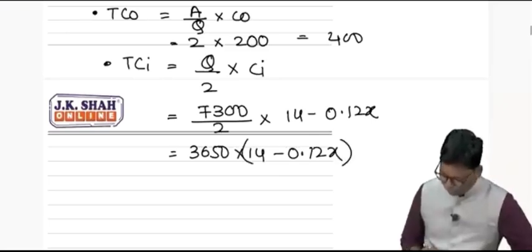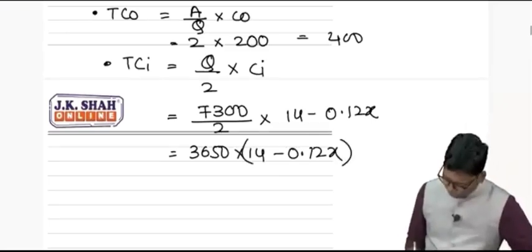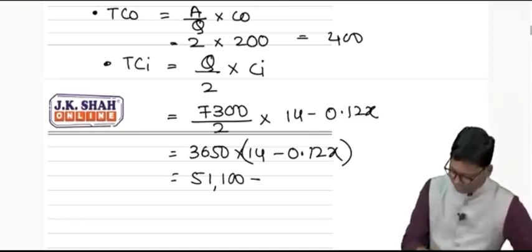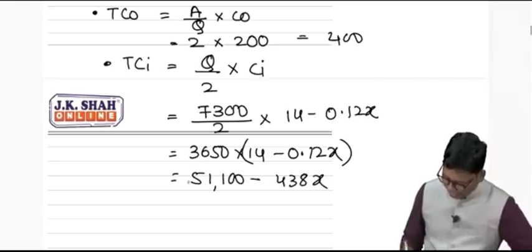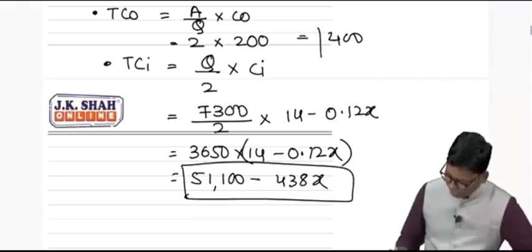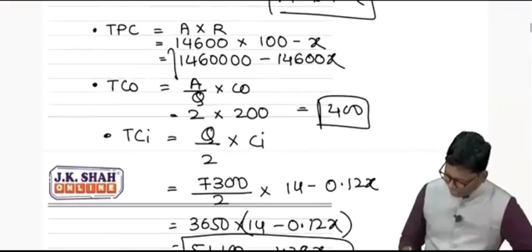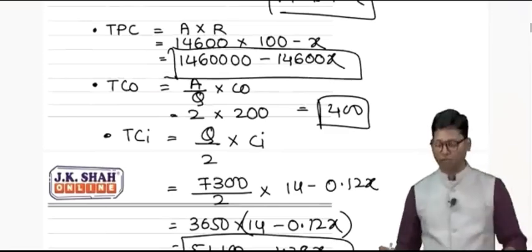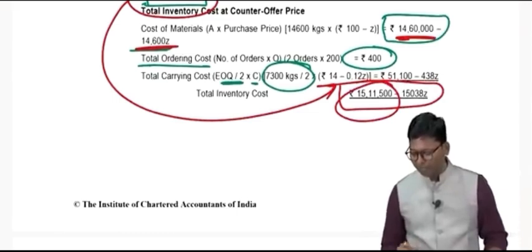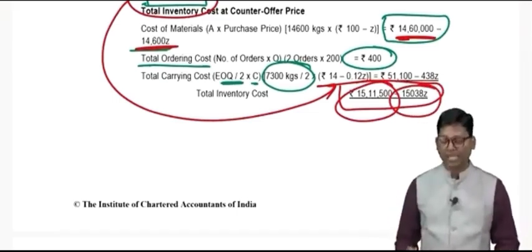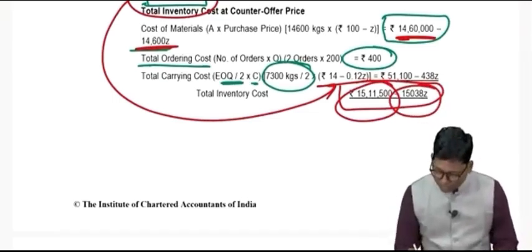Now when you solve this, you are going to get 51,100 minus 438X. This is my carrying cost, this one is my ordering cost, and this is my total purchasing cost. See, the same equations are given here. In short, this is what you need to do.